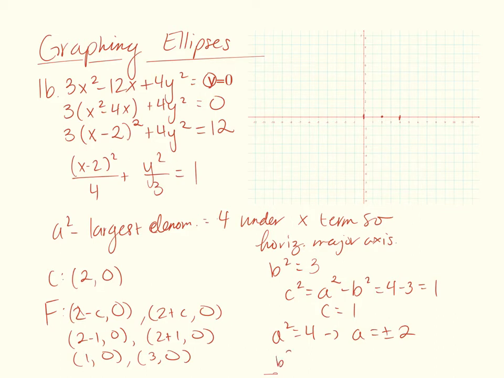And then b squared is 3, so b is equal to plus or minus square root 3. Again, just estimate this, okay? So square root 3 is in between square root 1 and square root 4. So it's like 1.75-ish, right? So I'm going to go up square root 3 and down square root 3 because it's under the y term. And then I just connect.